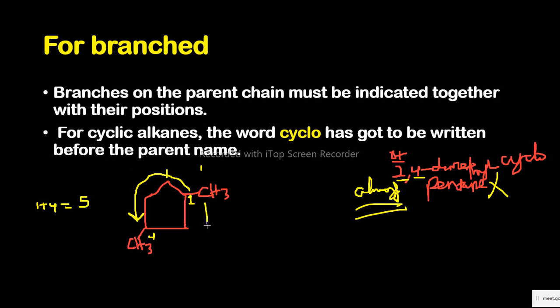If I take this direction, this will be carbon 1 and this one carbon 3, and 1 plus 3 is 4. So we take the side that gives us the lowest sum. So instead of 2, 4, it will be 1, 3-dimethyl.